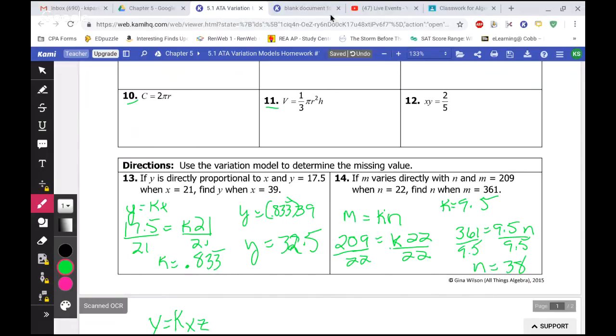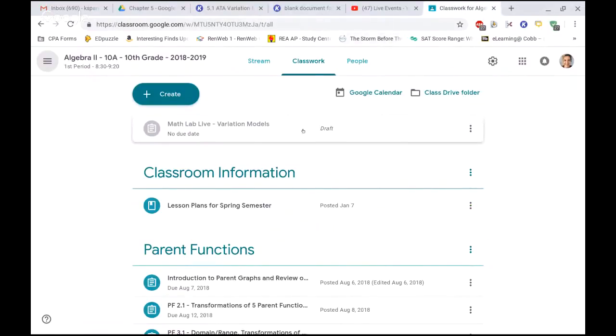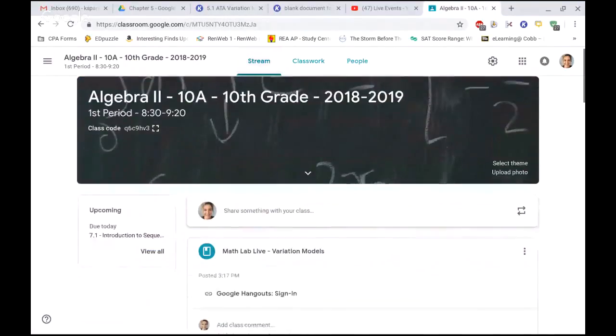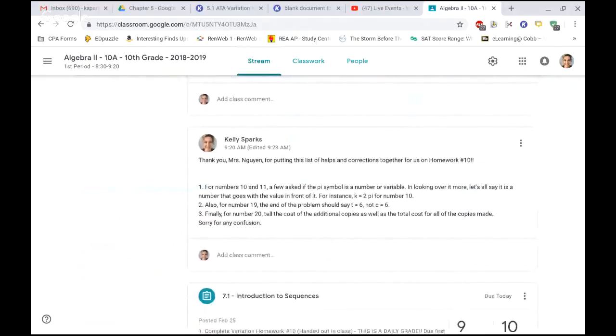Okay, let's go. I posted it for my class too. Is it because they have pi in it? Yeah, for numbers 10 and 11, if you ask if the pi symbol is a number or variable, looking over it more, let's all say it's a number that goes with the value in front of it.